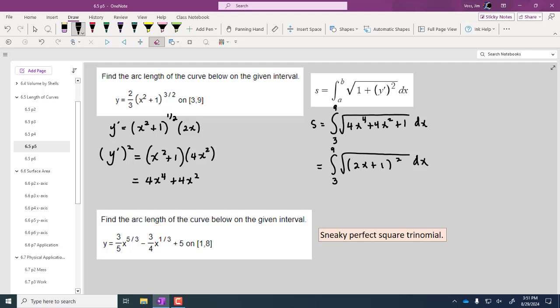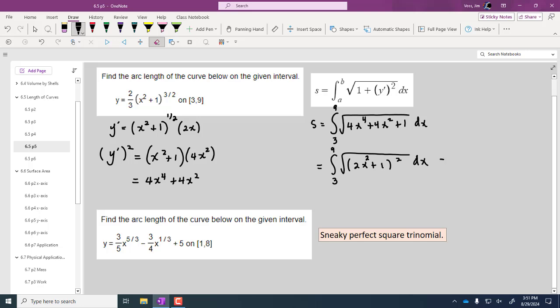Did I factor that right? Is it 2x squared? Yeah, 2x squared. Thank you. Something was wrong. It's got to be 2x squared because that's 4x to the fourth. That's 1. A times b is 2x squared, and then we double it and get 4. So yeah, thank you.